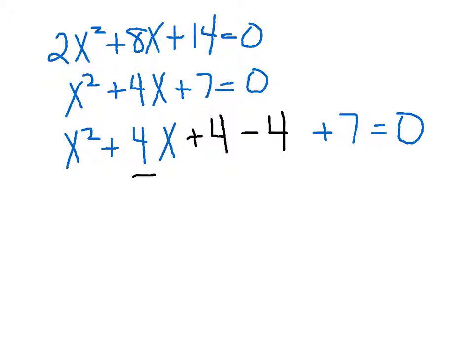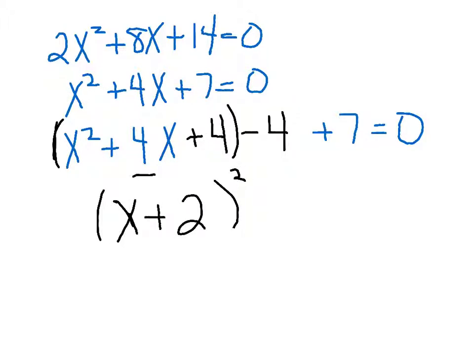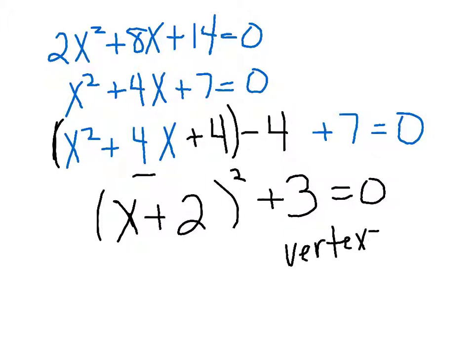Now, I can take just this part of it and factor it into a perfect square, which will be x plus 2 squared. Now, negative 4 plus 7 is positive 3. And so my vertex is negative 2, 3.